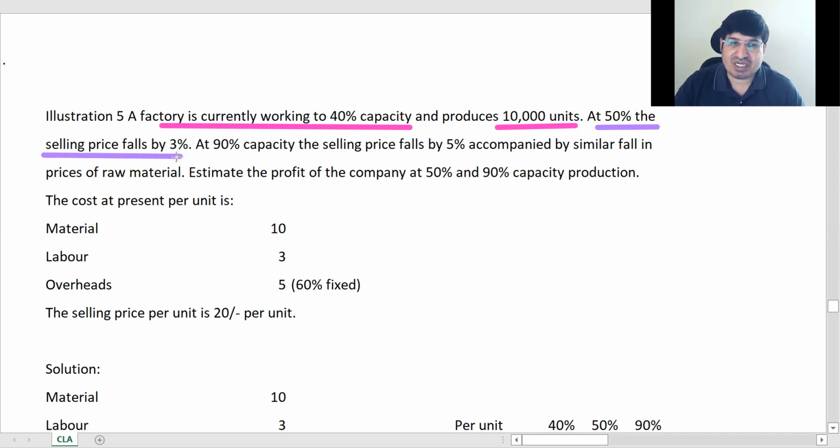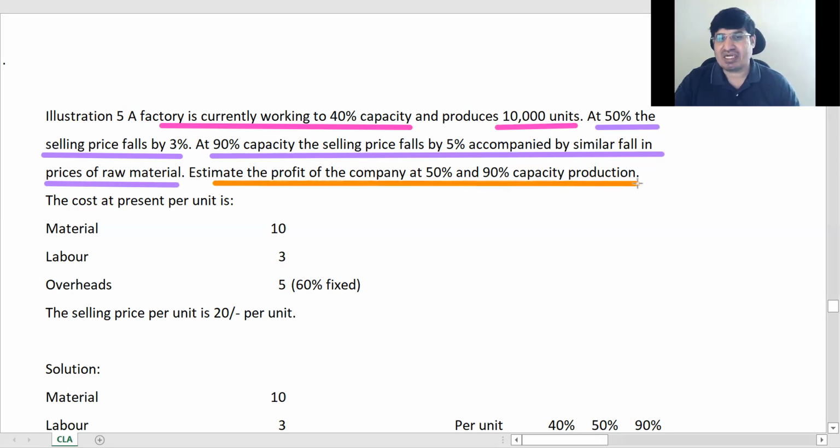And at 90% capacity, selling price falls by 5%, accompanied by, that is along with that, a similar fall in prices of raw material, that is 5% fall in raw materials. At 90% capacity, 5% fall in selling price and 5% fall in raw material. Estimate the profit of the company at 50% and 90% capacity.